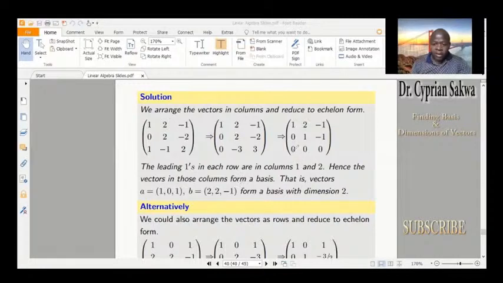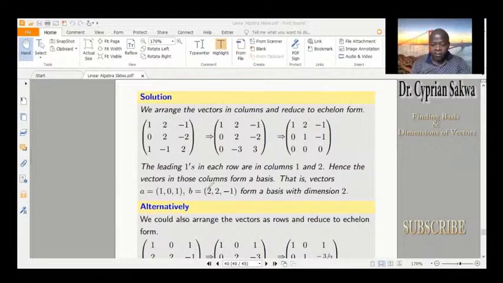What is the vector in column 1? The vector in column 1 was 1, 0, 1. And the vector in column 2 was 2, 2, -1. So that was vector A and vector B. So these two vectors form a basis. So that basis has how many elements? It has this element, vector A, and it has this other element, vector B, and those are 2 elements.